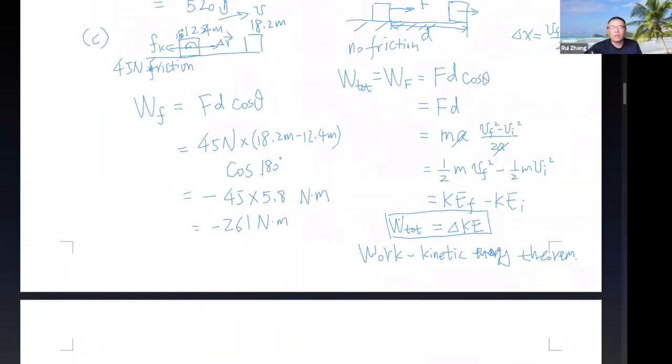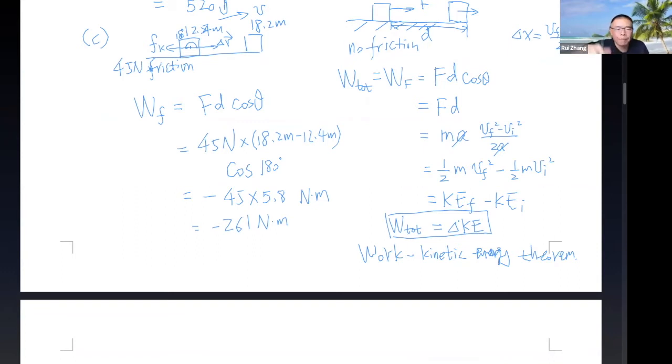It's very easy. Basically, what we're saying here is when you put the total work on, I mean, you do work on the system, the kinetic energy of the system increases. When you do negative work to a system, the kinetic energy of the system decreases. So that way, work is directly related to the energy of the system.